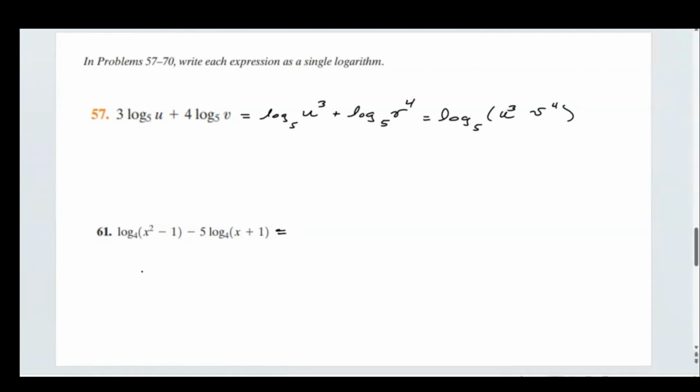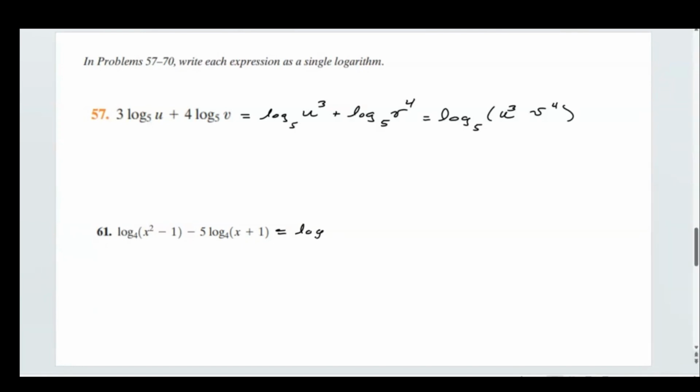Let's see this other case. Log in base 4 of x squared minus 1 minus 5 log in base 4 of x plus 1. So we have a difference. So we rewrite this as a quotient of the logarithm, but before, we just write these factors as an exponent, as a power.